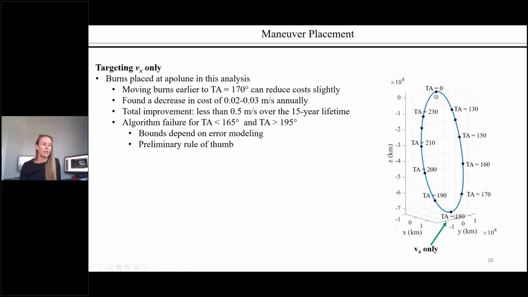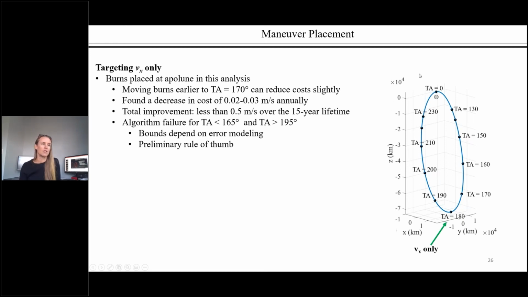So what we find is if you're targeting only VX, if you don't care about your phase within the NRHO and you're only targeting VX, putting your maneuver between 170 and 180 tended to be the best place to do it. If you go earlier in the orbit, at a true anomaly of about 165, or later, at about 195, it tended to fail in some trials over the long term.